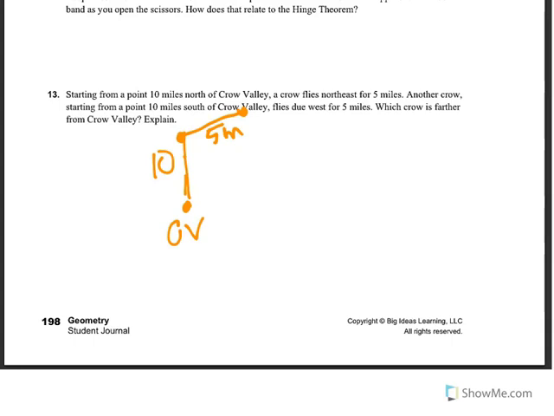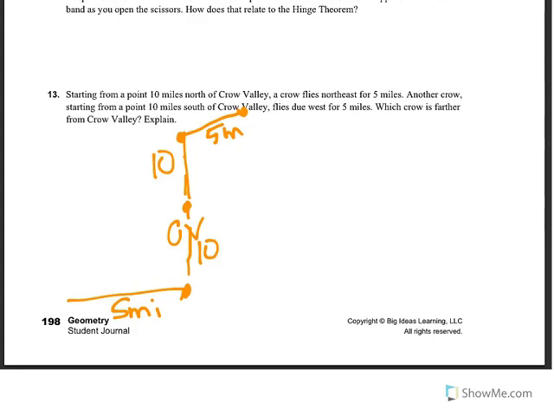Okay, and we have another crow starting from a point 10 miles south of Crow Valley. Flies due west for 5 miles. Okay, and we need to know which crow is farther from Crow Valley.